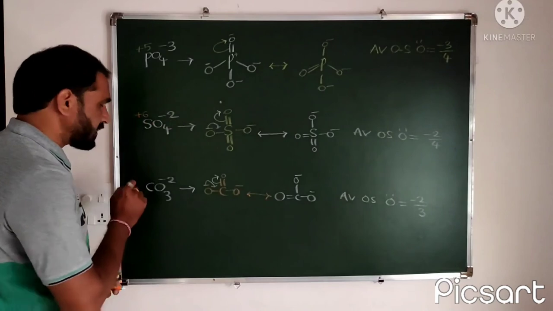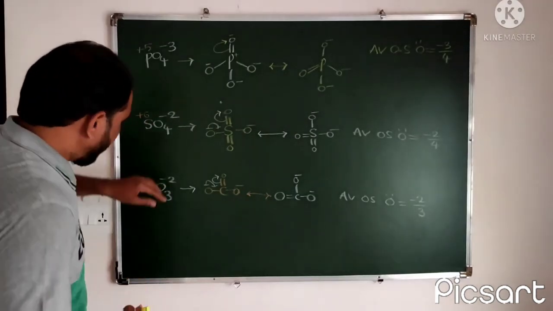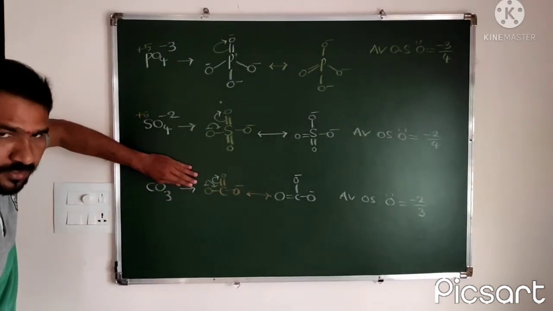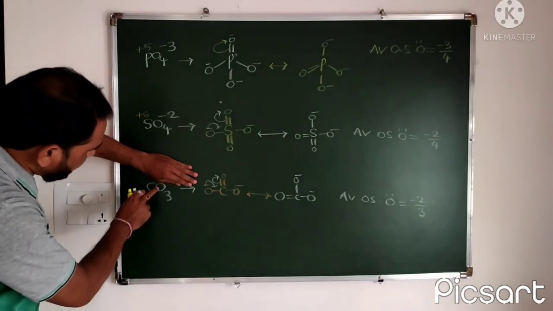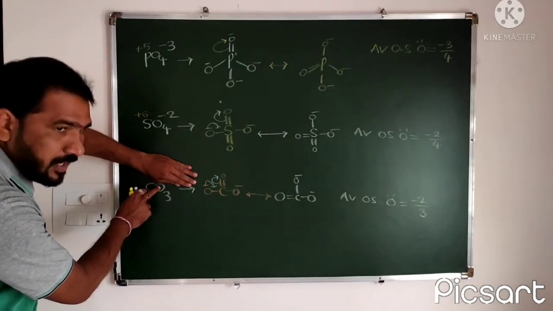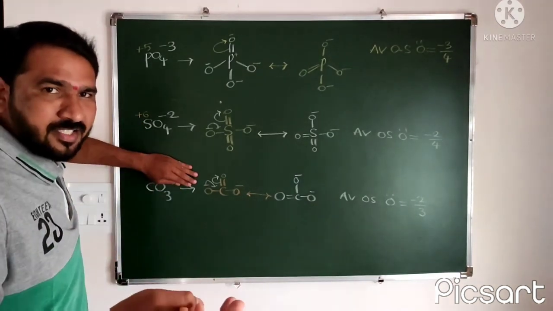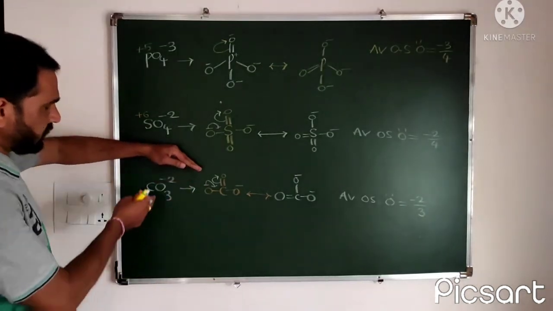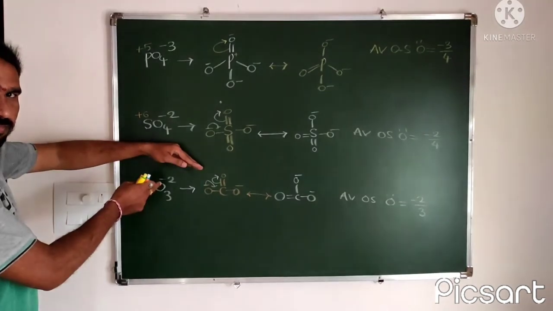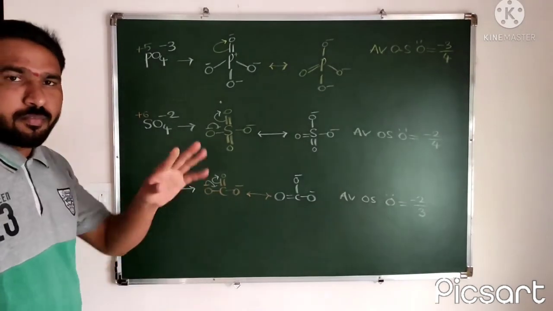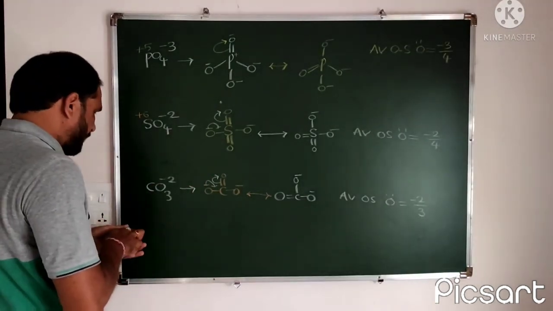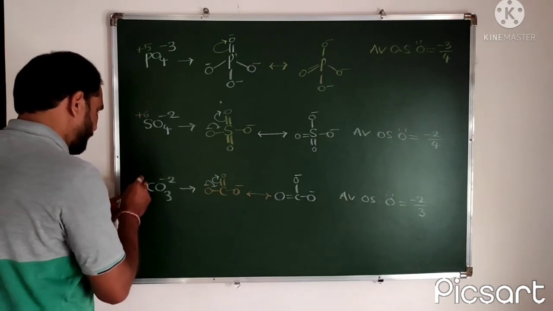What about the carbon oxidation state? Simple calculation: the general oxidation state of oxygen is minus 2 into the number of oxygens 3, minus 6, it means plus 6. From plus 6, the charge reduces, so plus 4 is the oxidation state of this carbon.